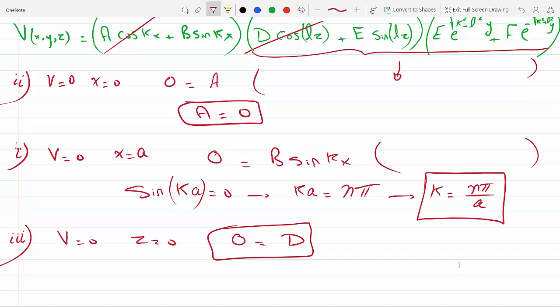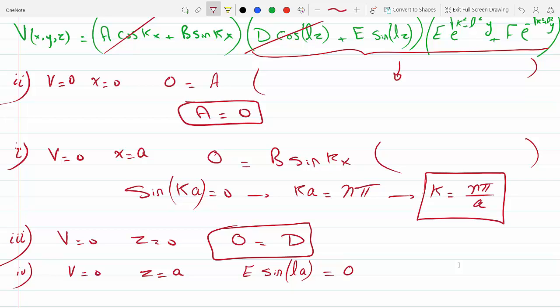And the fourth boundary condition says that v equals 0 when z equals a. Again, let's focus on the z term, the one in the middle. D is gone, so we have e sine La equal 0.